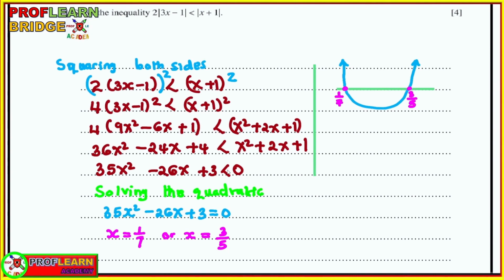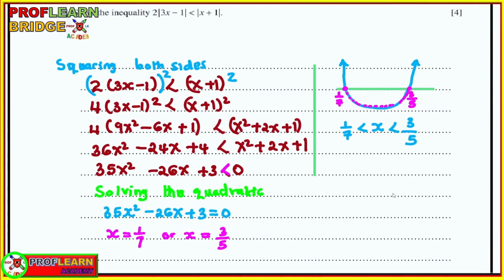Remember, the quadratic we have is 35x² - 26x + 3 < 0. It means we need the lower part of the quadratic. So our solution lies between the points where x is greater than 1/7 but less than 3/5.